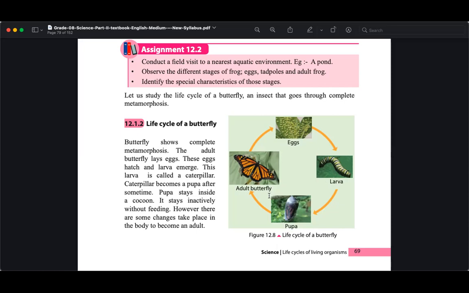It stays without locomoting, without moving, and finally, after some time, you can see the adult butterfly coming out. So that is basically the life cycle of butterflies.